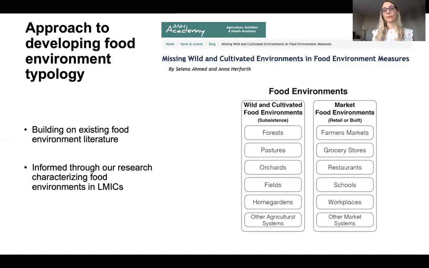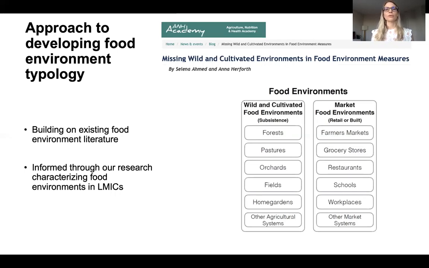So this was actually in one of the ANH Academy blogs. They published this blog that was called Missing Wild and Cultivated Environments in Food Environment Measures. So what we did is we took this preliminary work that they did as part of this blog and tried to flesh it out a little bit more and think about what are all the different types of food environments that people have access to and interface with, particularly in the developing world.